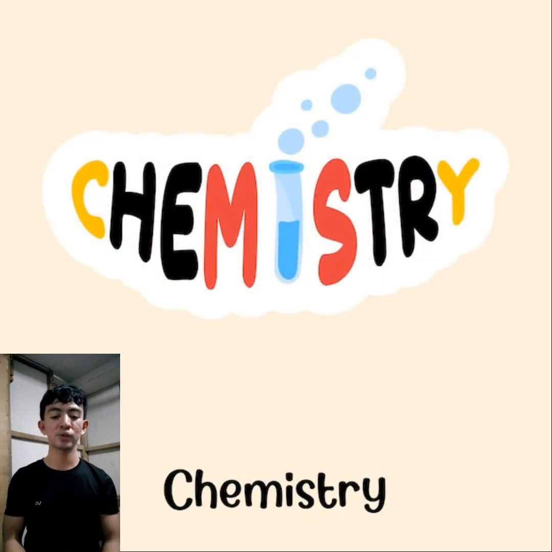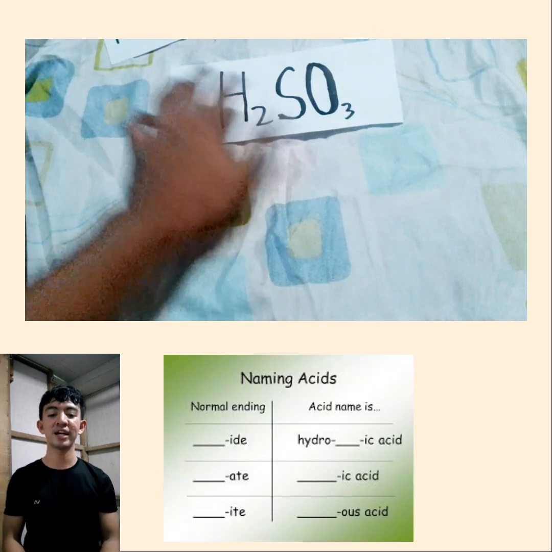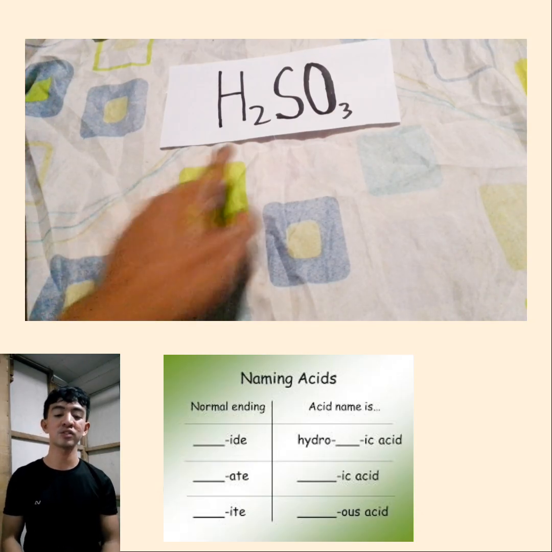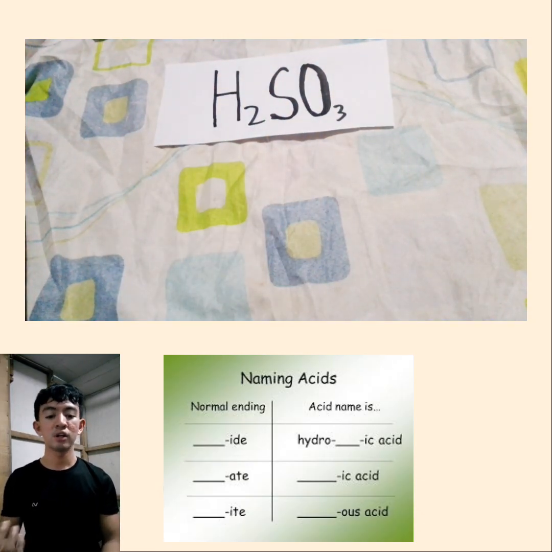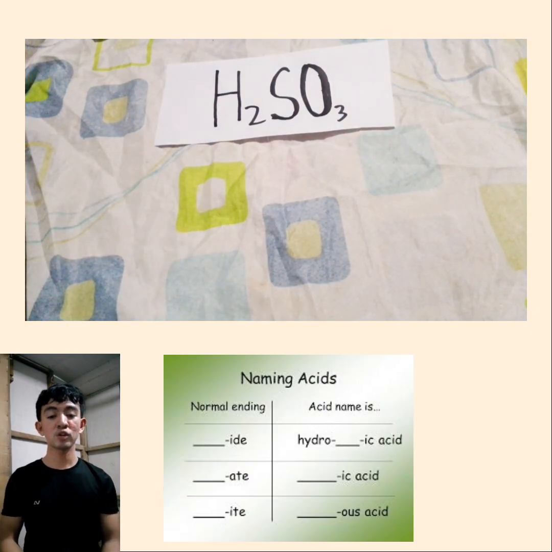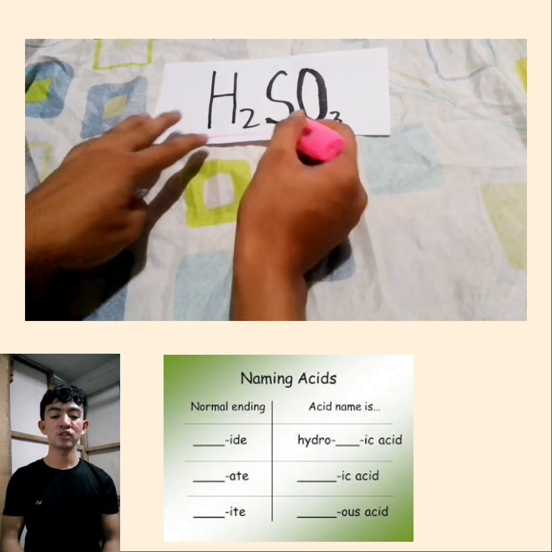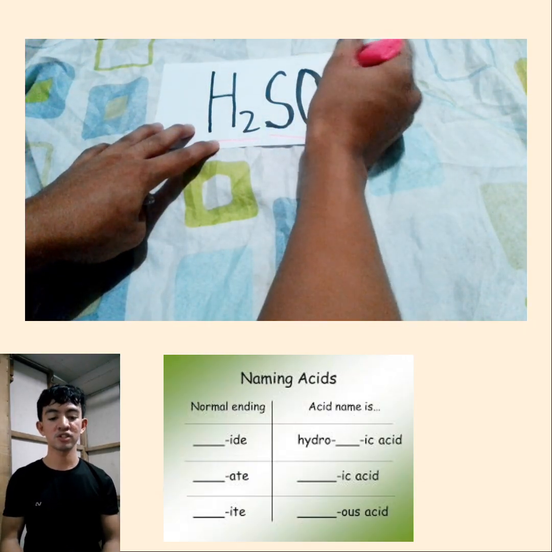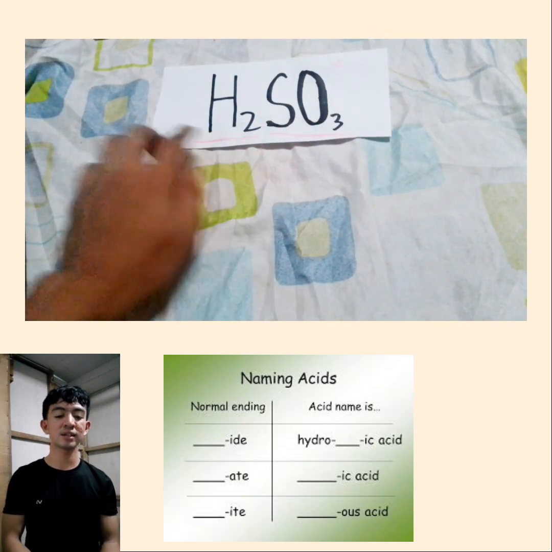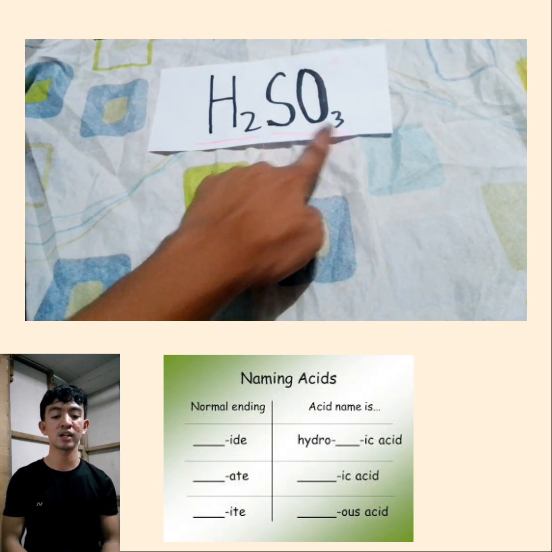Now let's try to look at some examples. The first one we have here is H2SO3. H2SO3 is an acid because there is hydrogen at the beginning of the compound. SO3 will be the anion, a polyatomic ion, and as you can see there is oxygen. So you need to identify if it is the polyatomic ion with the most number of oxygen or only the second one.